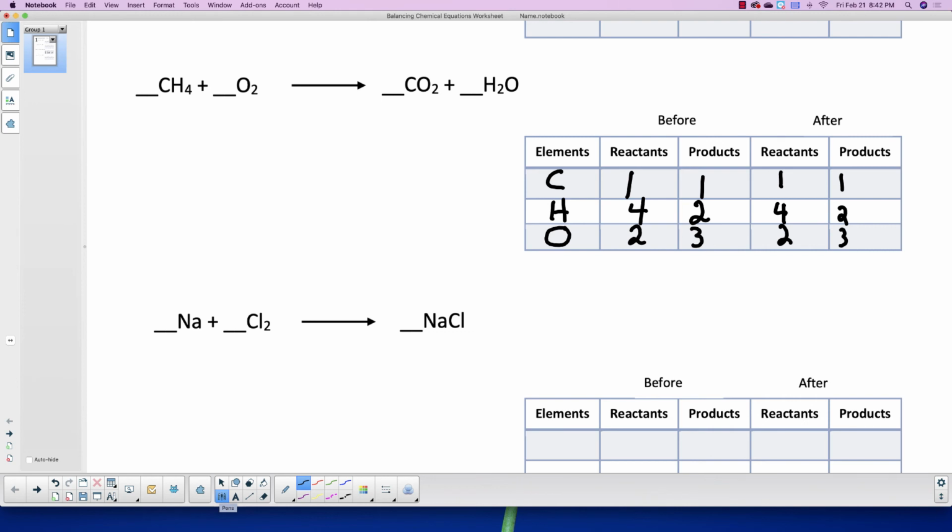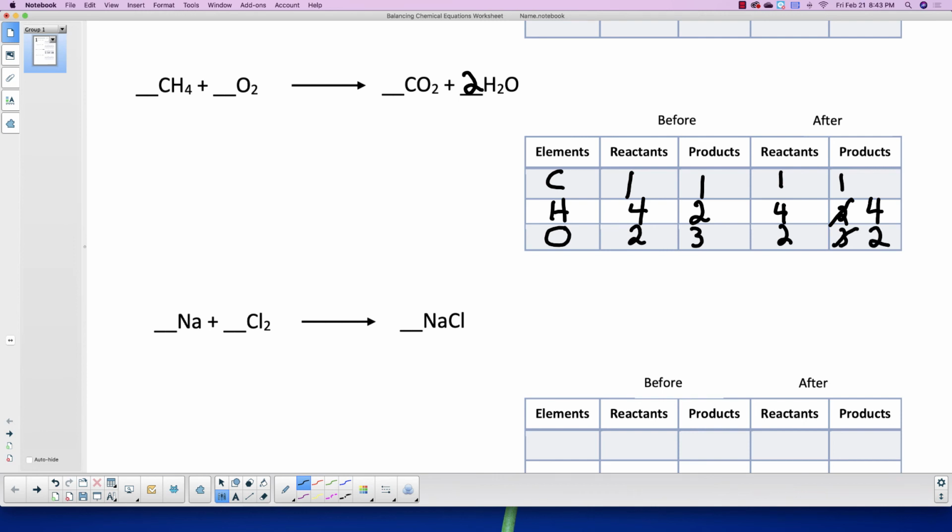So let's try that. Okay, so if I say that there's 2 waters, let's see what that does. So that means that I will end up with 4 hydrogen and 2 oxygen.